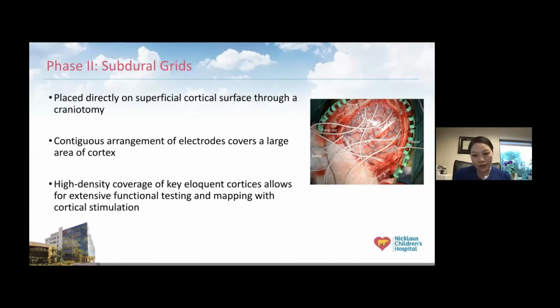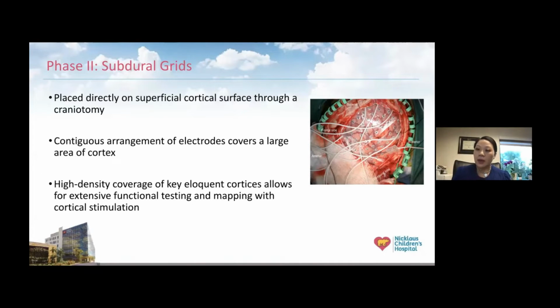So those are phase 1 evaluations that are non-invasive in nature, and phase 2 evaluations are invasive in nature. So phase 2 evaluations consist of either subdural grid and strip electrode insertions or SEEG insertions.